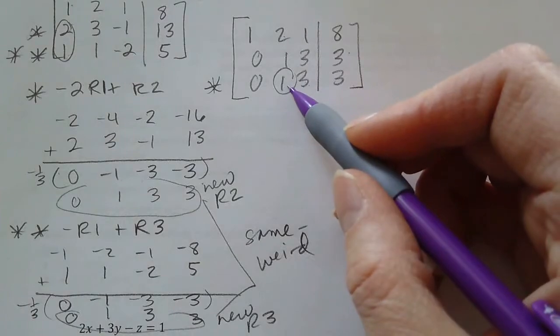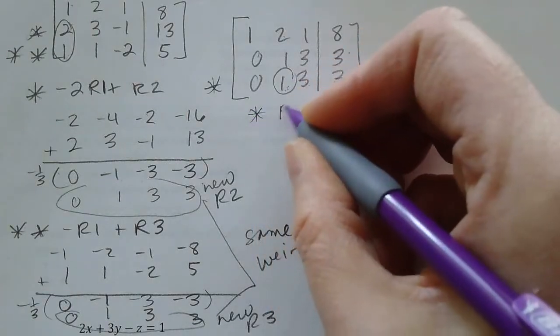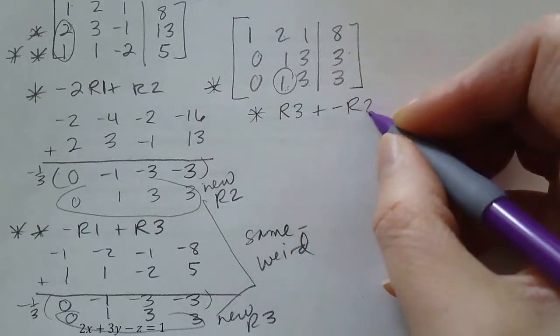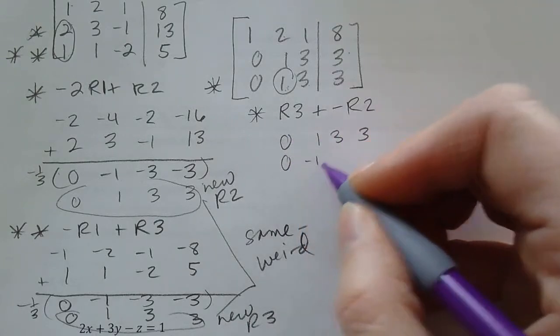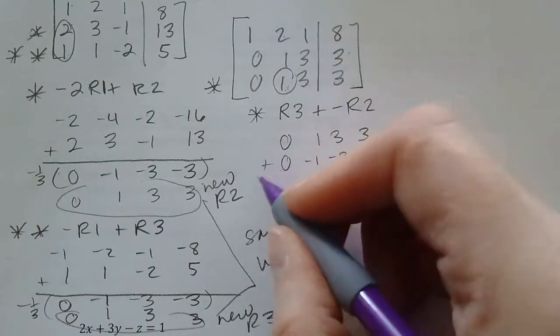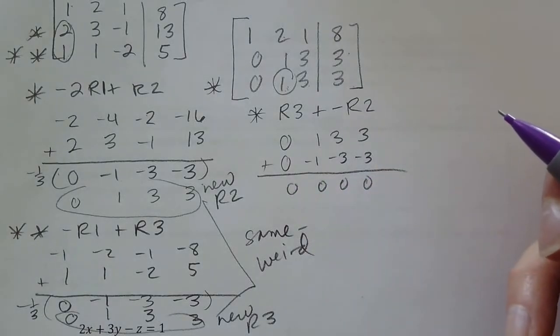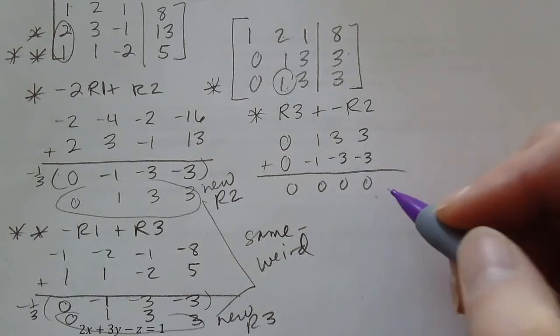So if I make this one go away, I would have to do row 3 plus negative row 2. And when I add them together, I get all zeros. So I can tell that this is definitely going to be something strange.